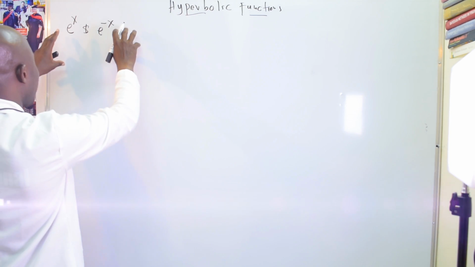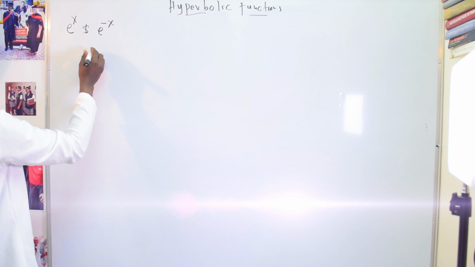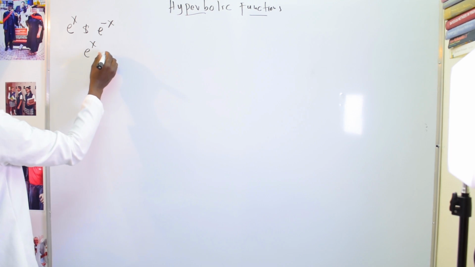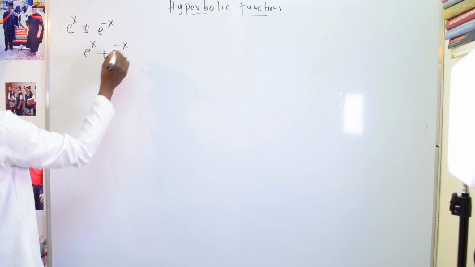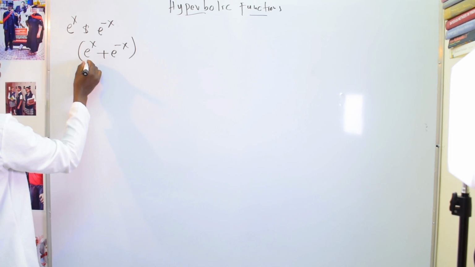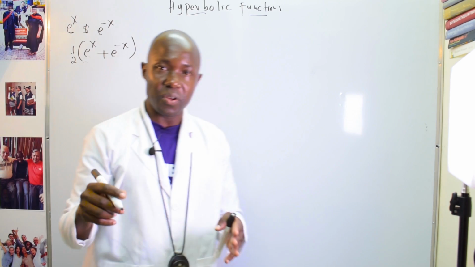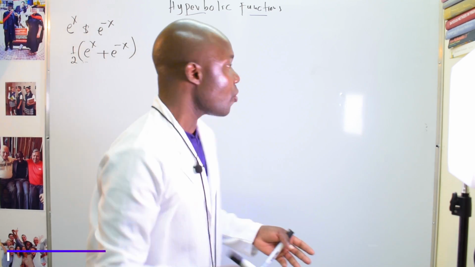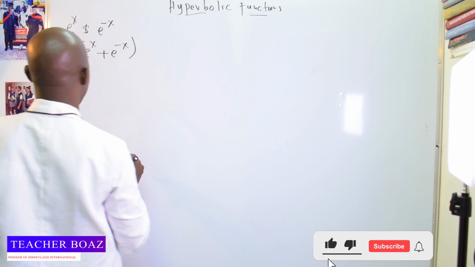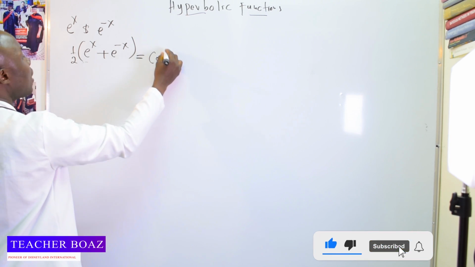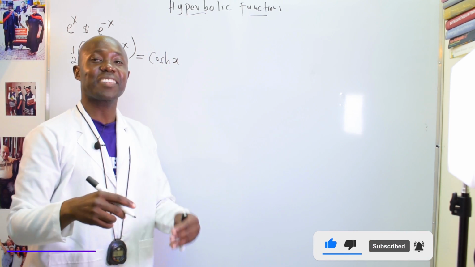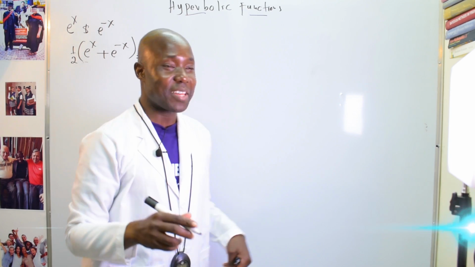Remember, when I take e power x plus e negative x and divide by 2, if I take a half of the summation of those exponential functions, we get what is called cosh x. We denote it by cosh, cosine with an h.